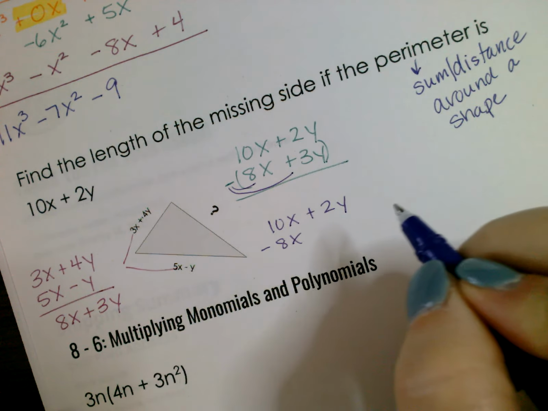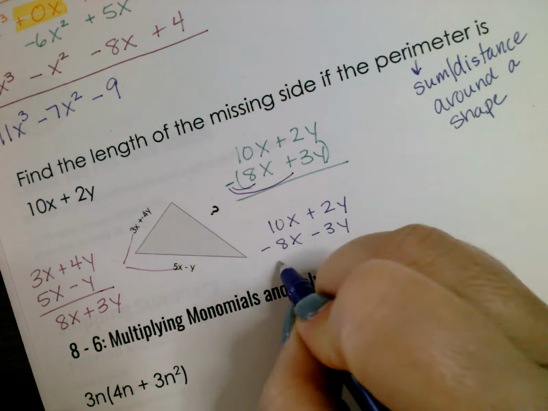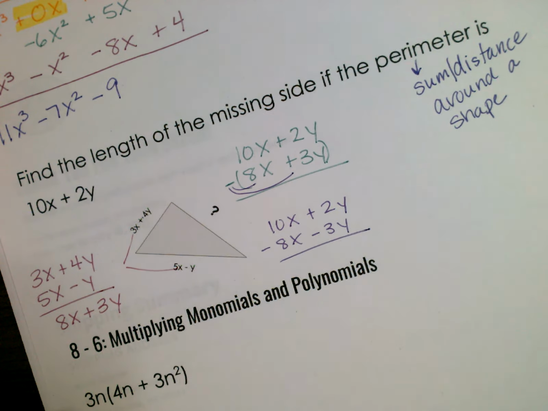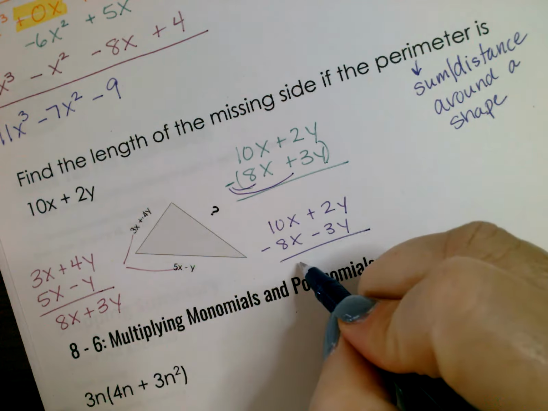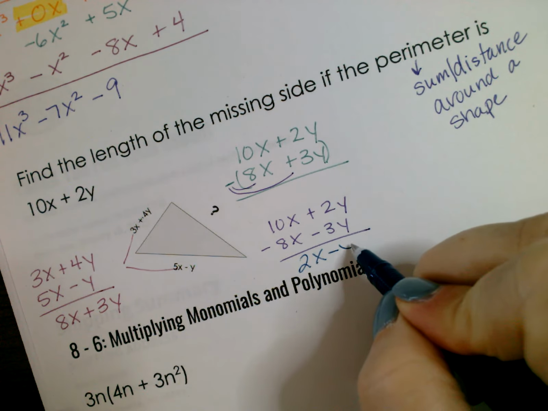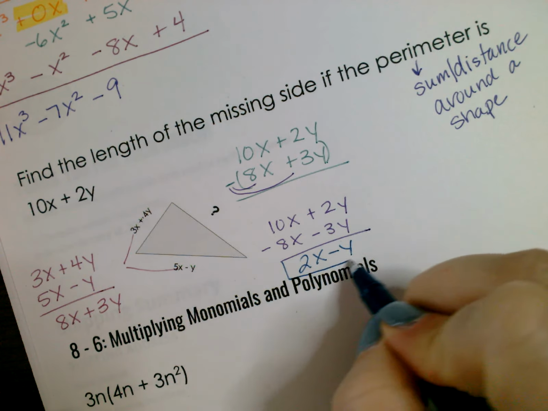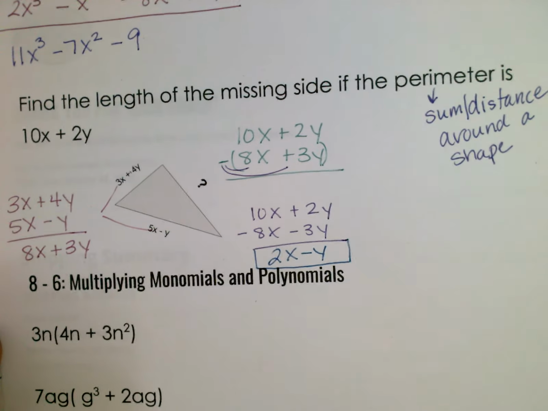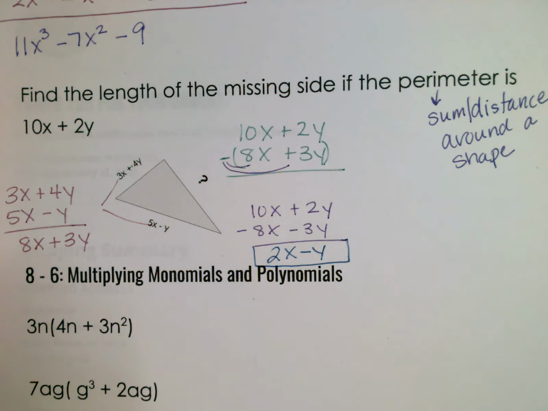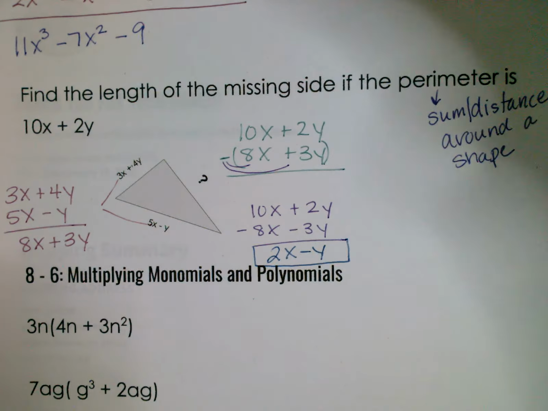I need to distribute, so I would have 10x plus 2y minus 8x minus 3y. The missing side would be 2x minus y long. There are obviously a few different ways to approach and solve that problem.